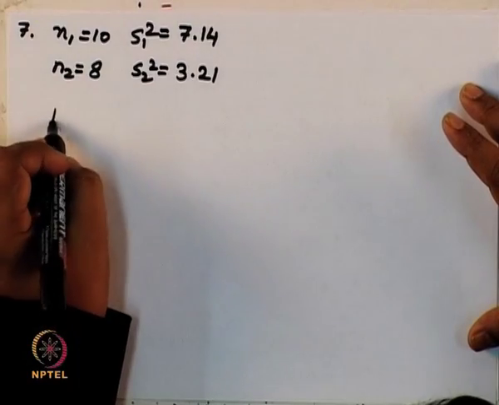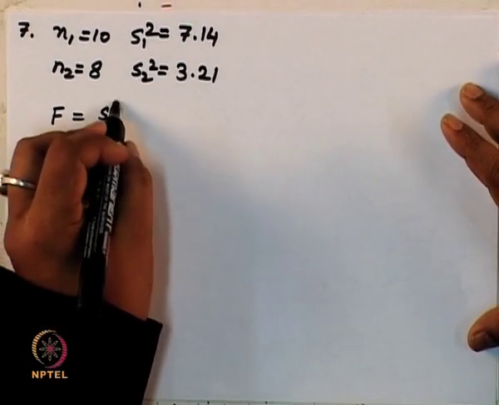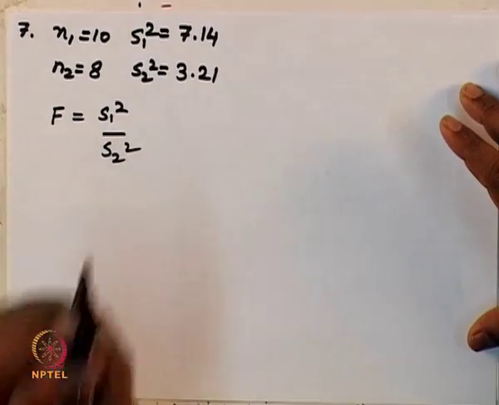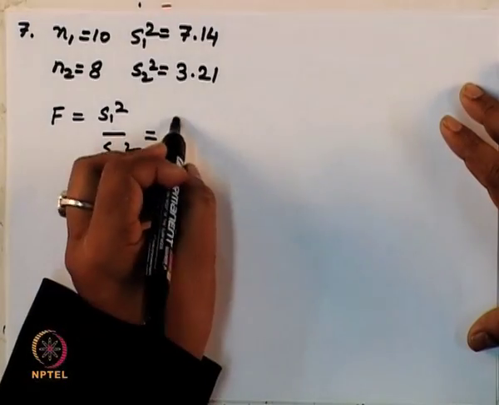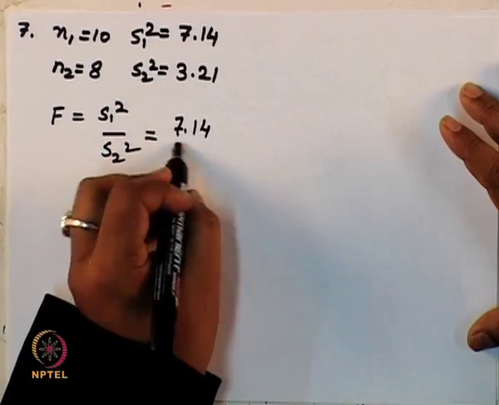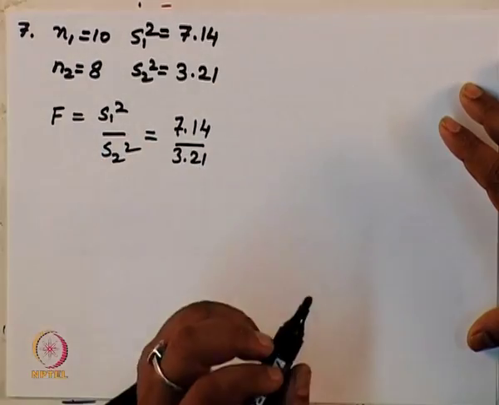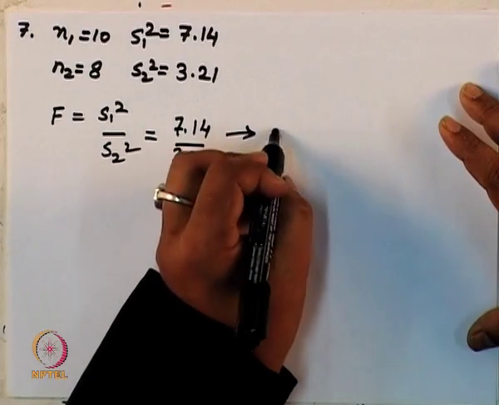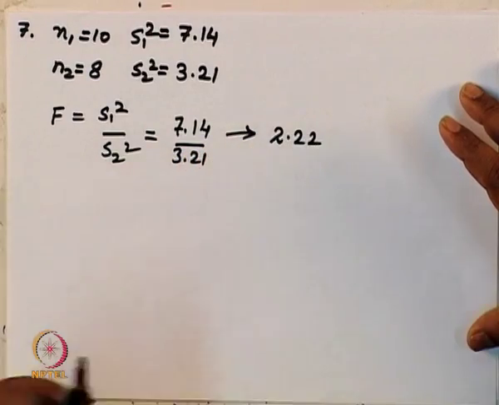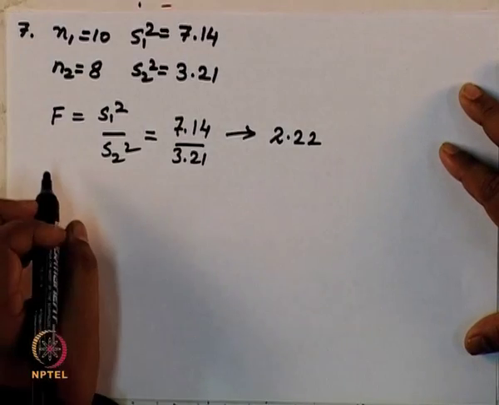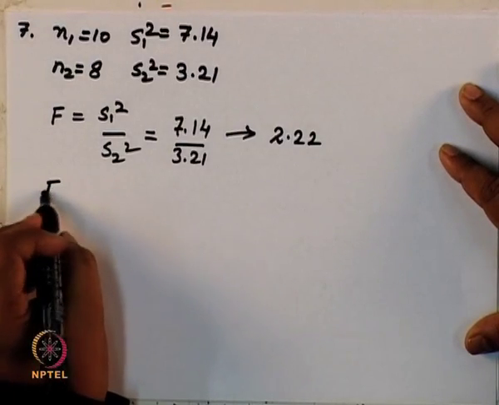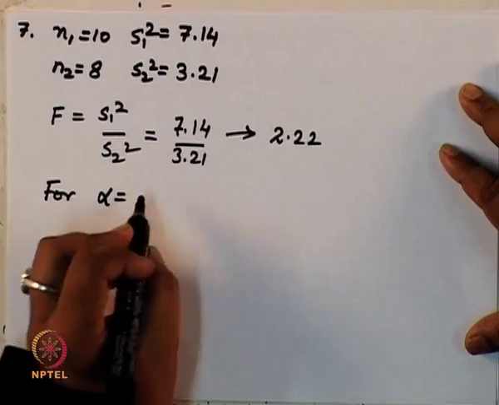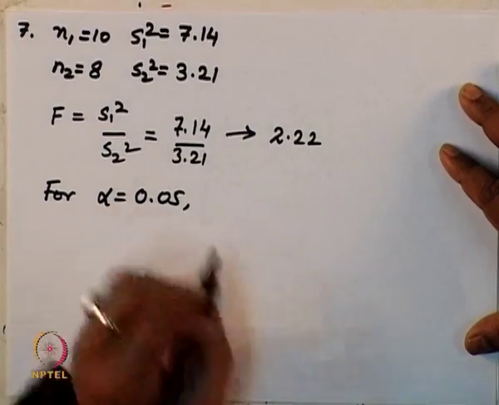I have defined F as s1 square by s2 square as my test metric. So in this case it is simply 7.14 by 3.21, and you get a corresponding value of F equal to roughly 2.22.